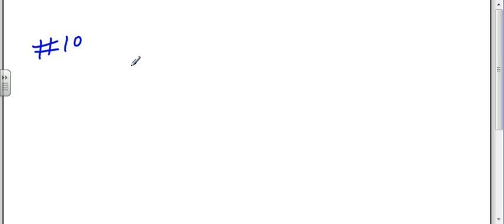So 5 times 2 raised to the x plus 16 is going to equal 382.